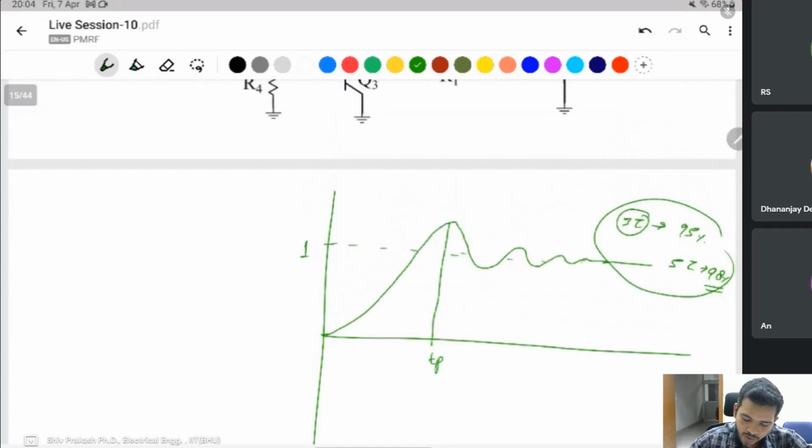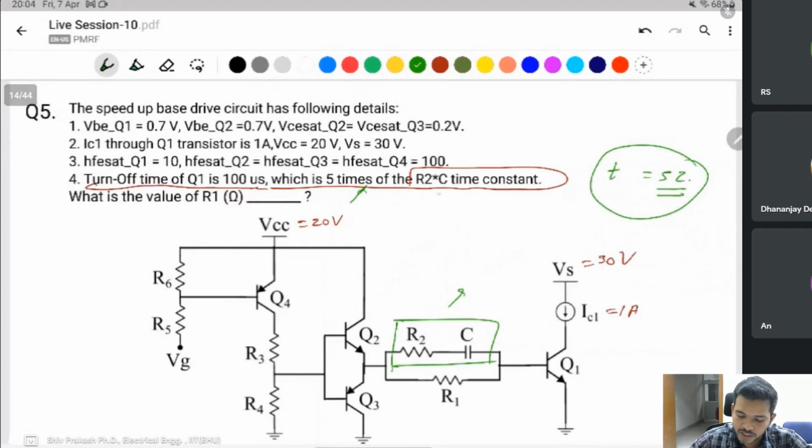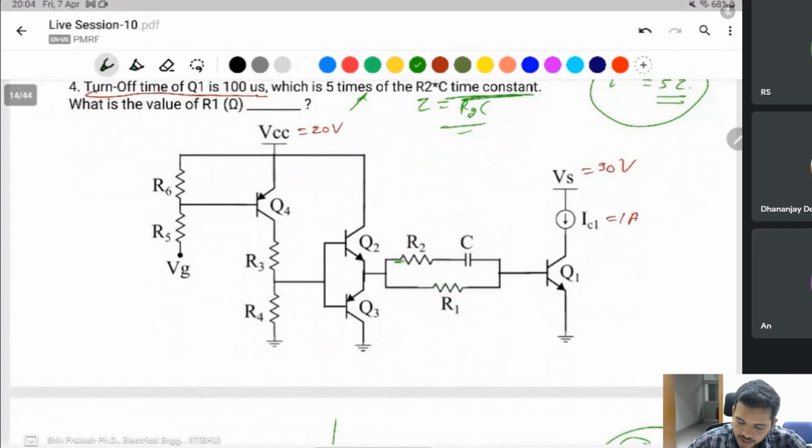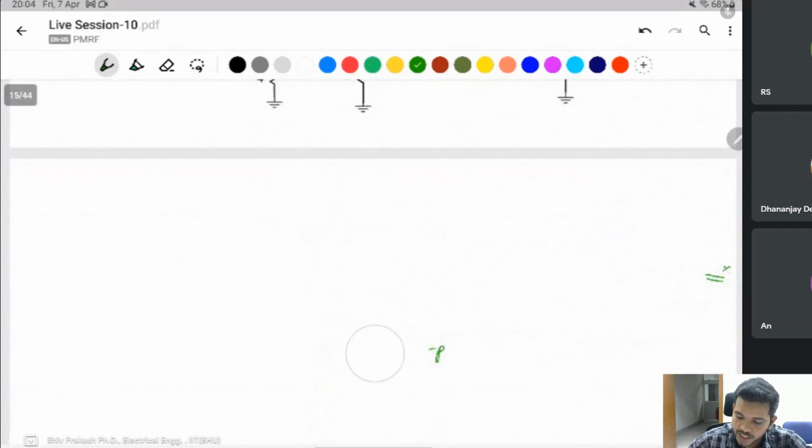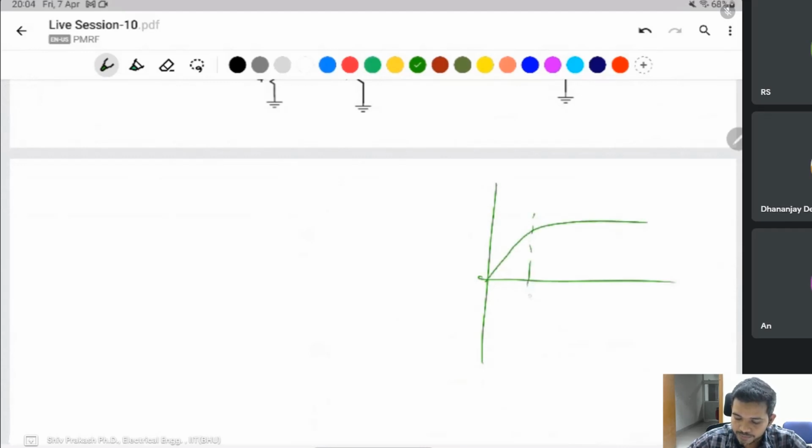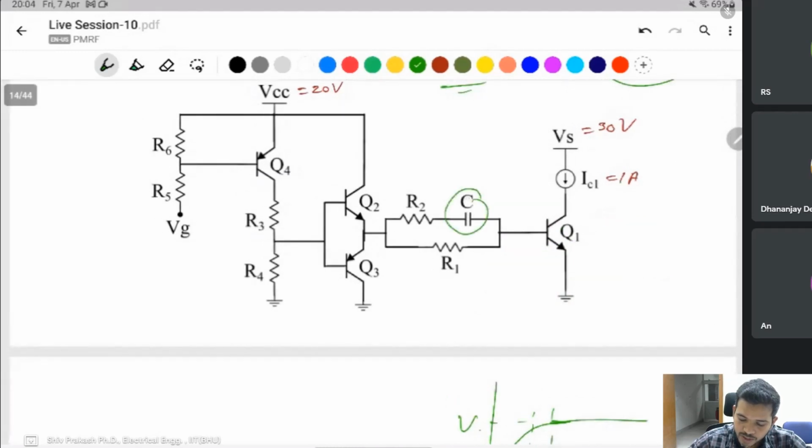If it is given as 5 times R2C, the time constant tau, it means this circuit goes into steady state. In steady state, this capacitor behaves like an open circuit in DC. With 5 tau, take it as steady state, which means this is a constant voltage, so it is an open circuit.